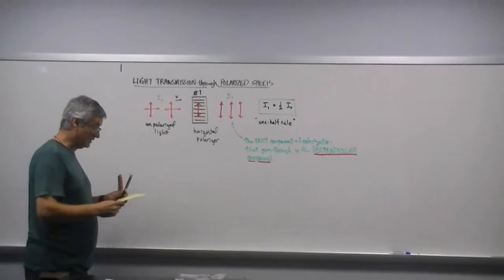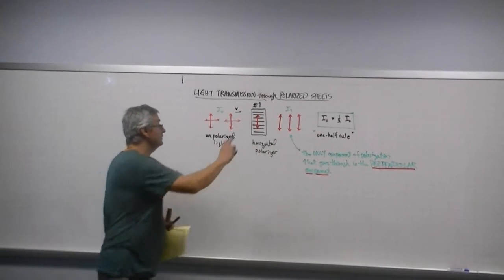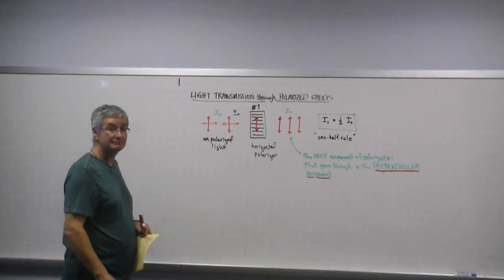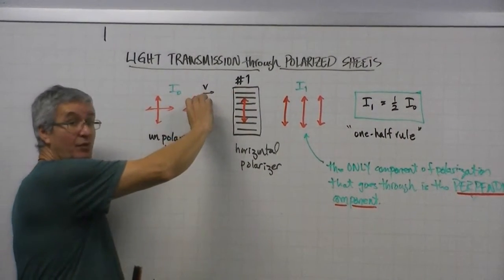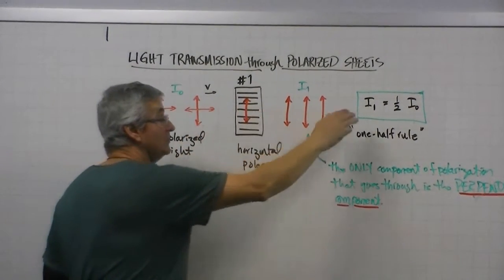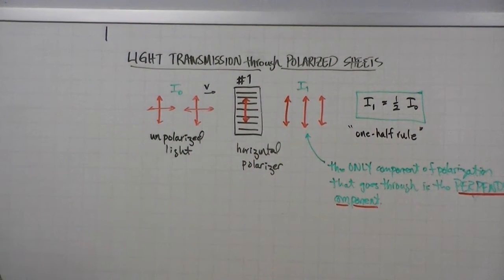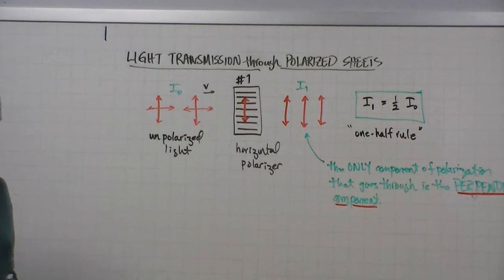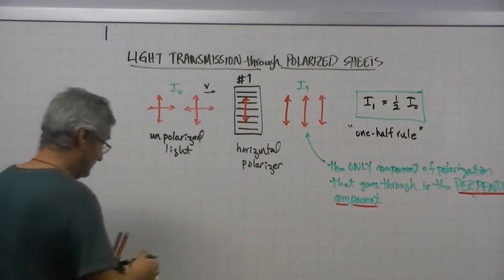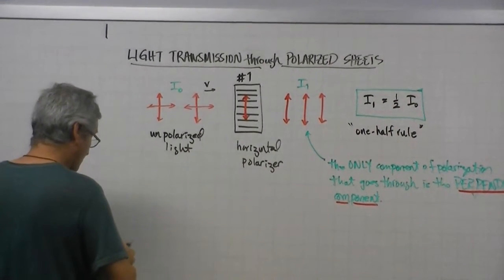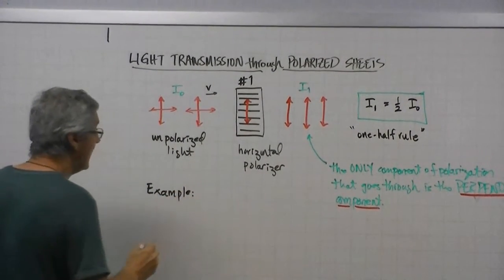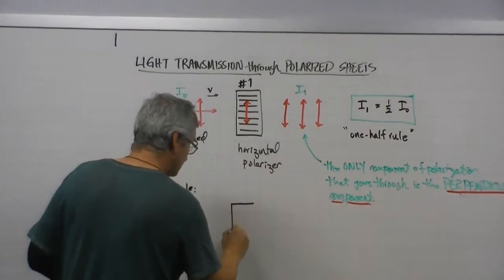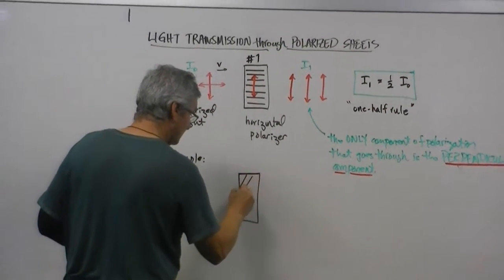So if I look at some examples here, let's look at them. One example that we can do is that you can imagine that I have a vertical polarizer. And if I had a vertical polarizer, what's it going to take out? I'm going to get the vertical one taken out, so afterwards it's going to be the horizontal one. But what happens if I have one that's not horizontal and not vertical, but is angled? So for example, imagine that I have a polarizer that looks like this here.